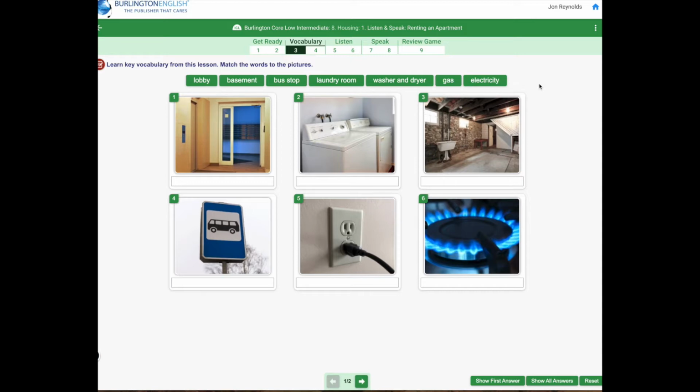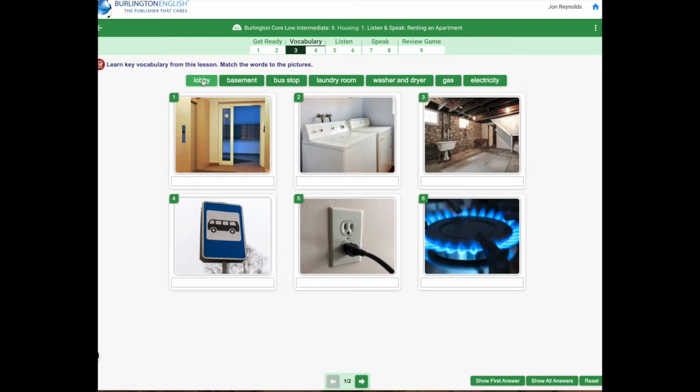Now take a moment and look at the screen. See if you can match, by looking at the screen, which word goes with which picture. Let's do the first one as an example. So for example, lobby. Which one would be the lobby? Well, the lobby is the place we usually find in the front part of an apartment building.